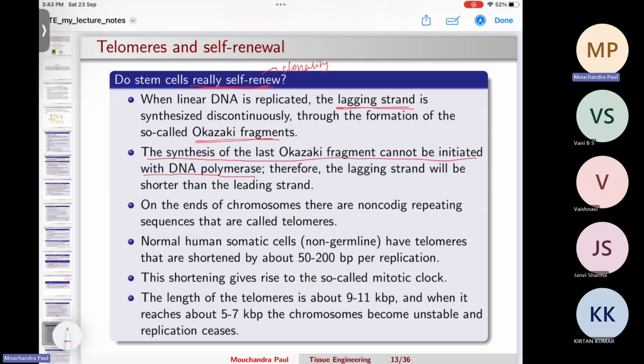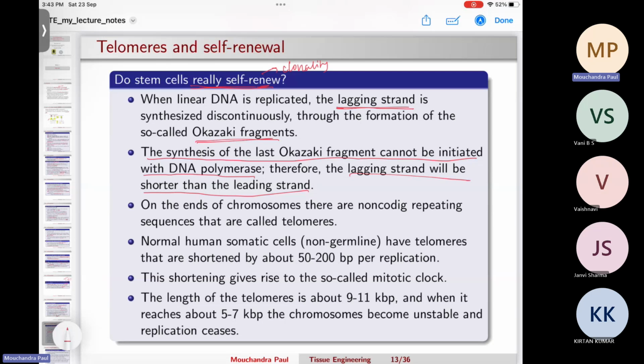Because of this, the lagging strand will always be shorter than the leading strand if you compare the number of base pairs. So what happens in that case? The newly synthesized DNA will be a few base pairs shorter than the parent DNA, or the template DNA. Correct?